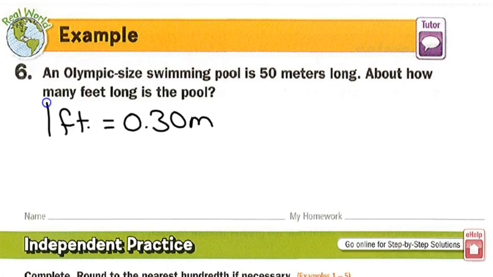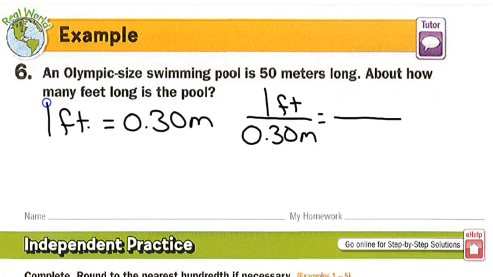All right, I'm going to use that proportion I talked about before. So I know that 1 foot is equal to 0.30 meters. Now I'm going to set up my other proportion exactly the same way. How many feet do I have? Well, I don't know. I want to know how many feet the pool is. So that's my unknown. But I do know I have 50 meters. So cross multiply.